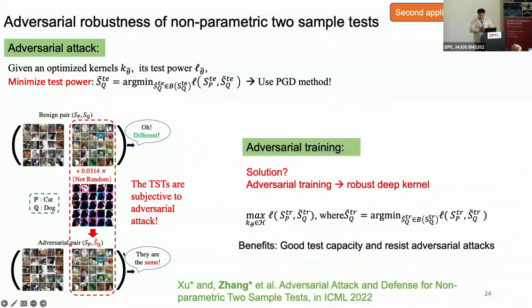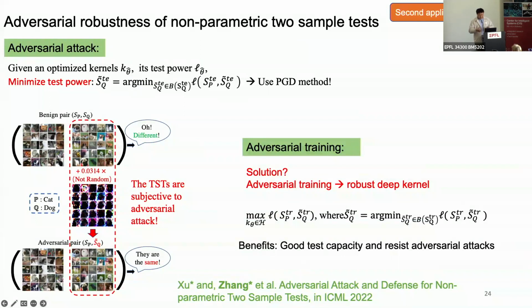Then, to robustify the non-parametric two-sample test, we propose to adversarially learn the deep kernel. We want to learn a robust kernel. In particular, this defense is formulated as a max-min formulation that shares a similar taste to adversarial training's minimax formulation.